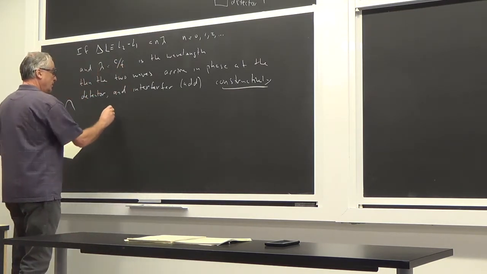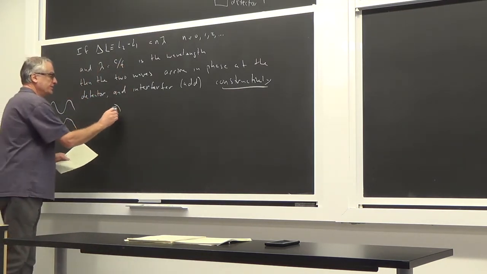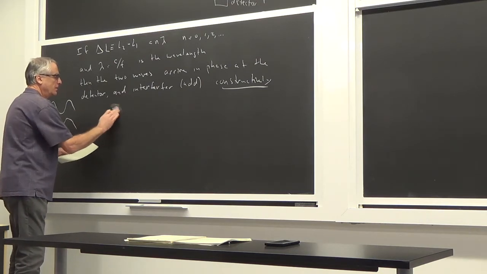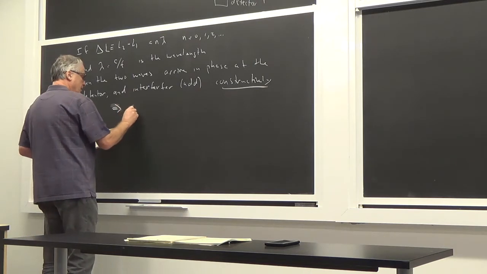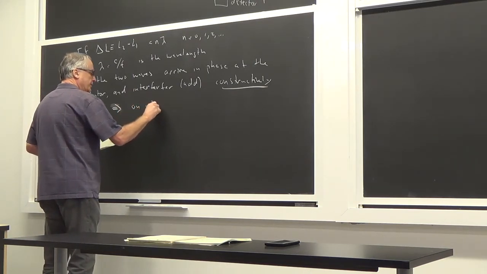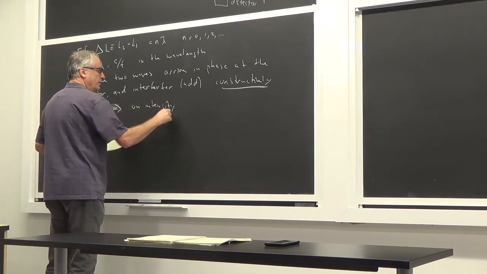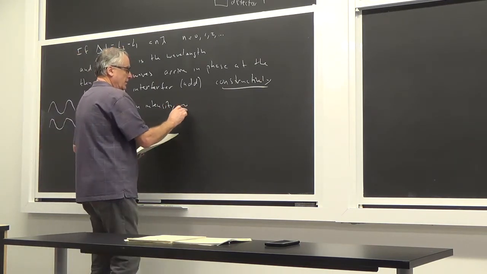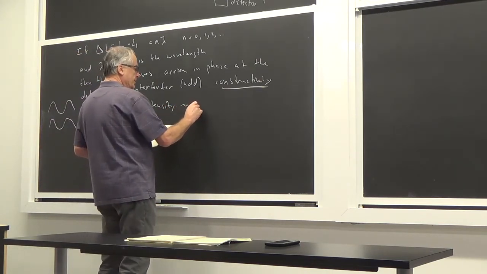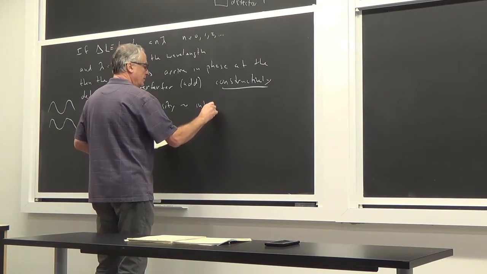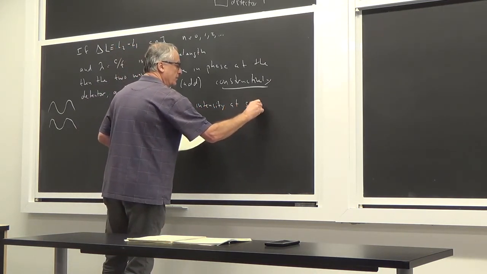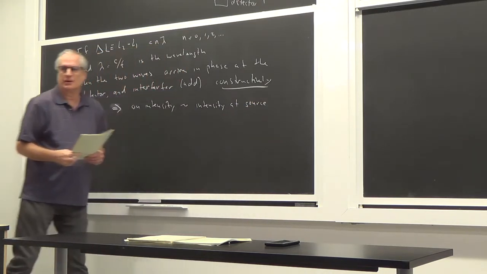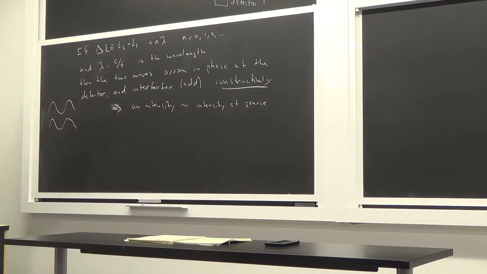And so, if there are no losses along the way, that gives an intensity at the detector equal to the intensity from the source, assuming we're not losing anything along the way.